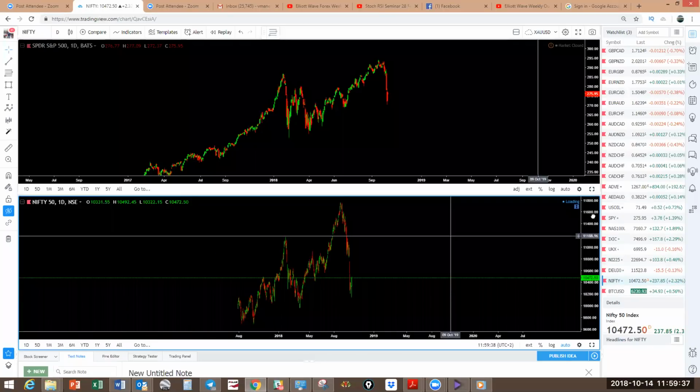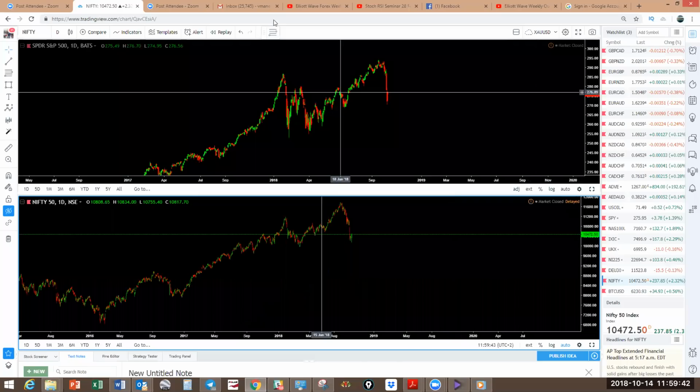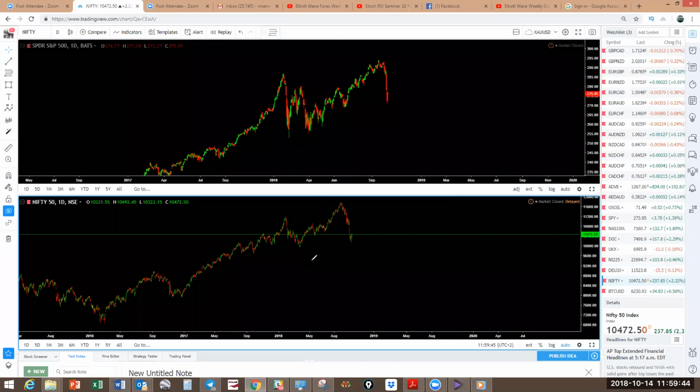Nifty, similar. Okay, at this stage, the Nifty does not look like you can relate this with that and that to make it a regular flat, because this one has rallied quite a bit higher than the previous high. It pushes out higher than the allowed guideline above this previous high here.